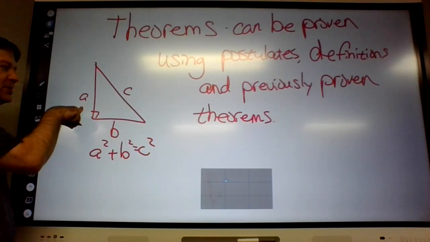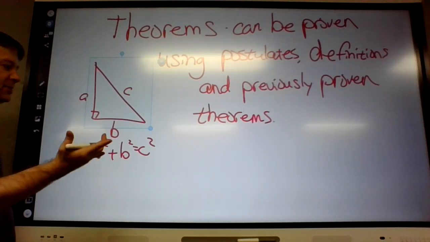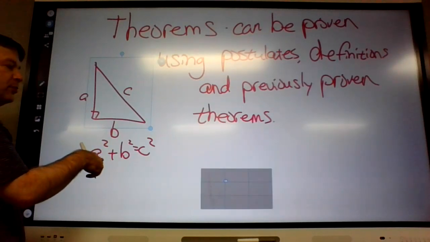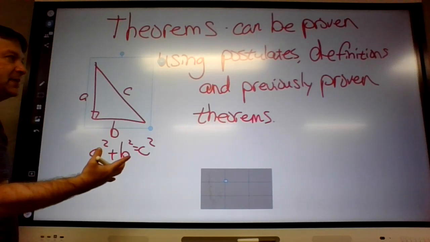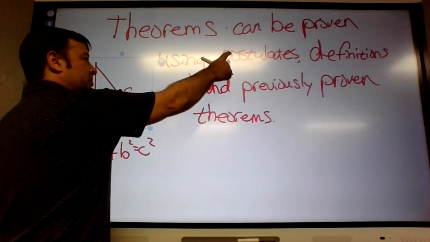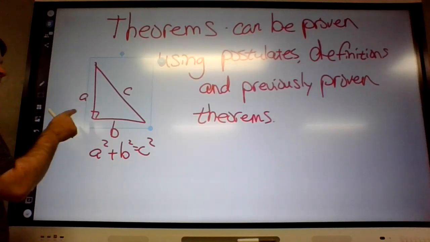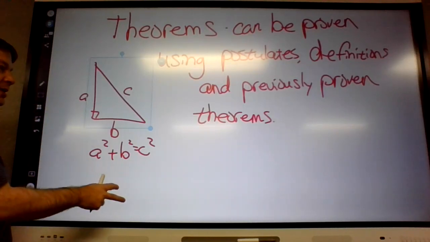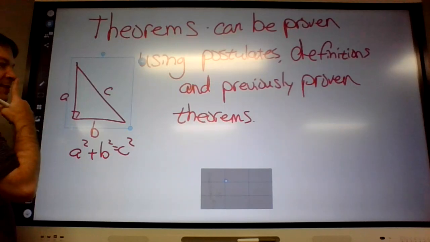You wouldn't say, well, that squared and that squared equals that squared. You wouldn't guess that. But people have proven it's true. Actually, they've proved it a few different ways, using postulates and some definitions, to figure out that that is going to be the case every time in every right triangle. Somebody figured that out. Anyway, that would be an example of a theorem.